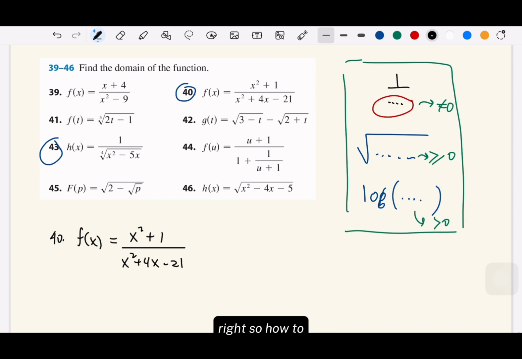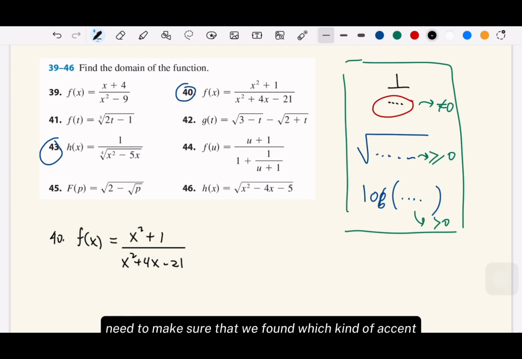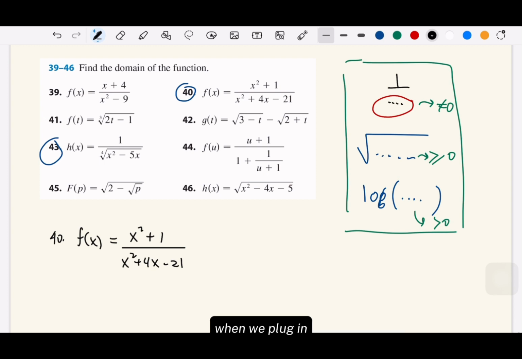To find that domain, we need to make sure which x, when we plug it in, does not make the function undefined. So that's how we are going to take this and write the factors.